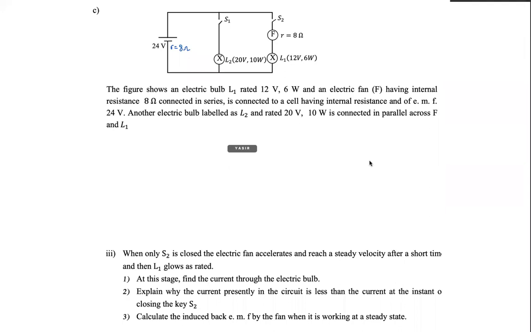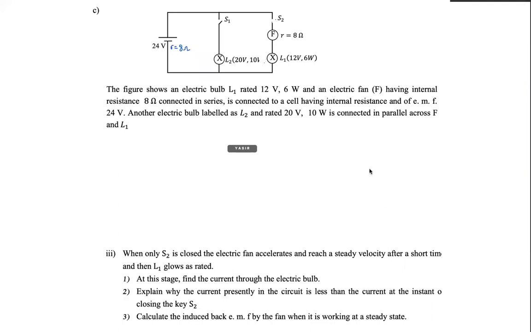Now for the third question, we have to close S2 because they have clearly mentioned that S2 is closed. So if S2 is closed, we can forget about S1. Shall I erase it? Okay, I'll erase this part, oh no, we'll leave it. If not, we will be drawing a new diagram.